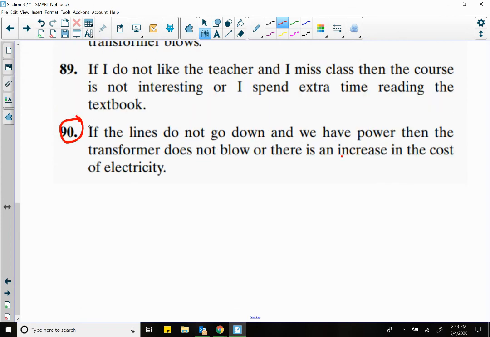So, I see an if. That means there should be a then. And there it is. That's my arrow. The lines do not go down. So there's a not. So we'll call this squiggle P. Oh, I see an and. So that's a rooftop. We have power. So that's a new statement.